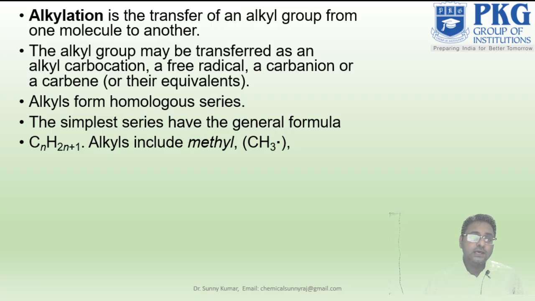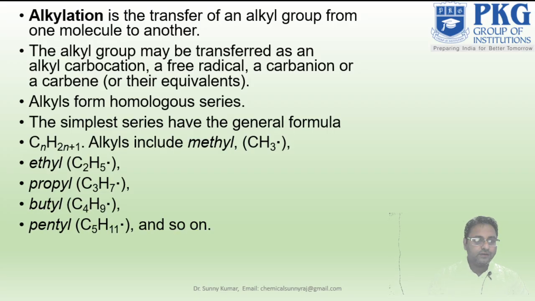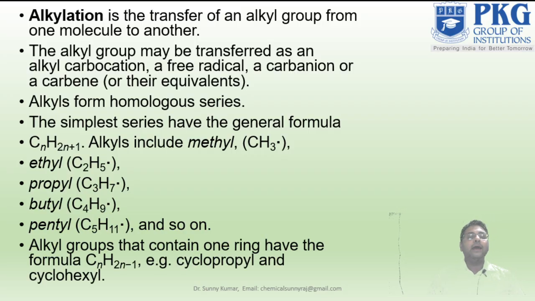The alkyls include methyl CH3, ethyl C2H5, propyl C3H7, butyl C4H9, pentyl C5H11, and an alkyl group that contains one ring, for example cyclopropyl or cyclohexyl. So these are the things that come under the alkyl group.